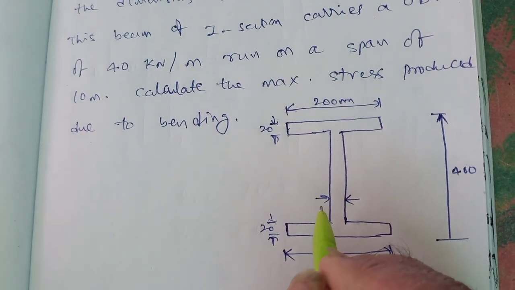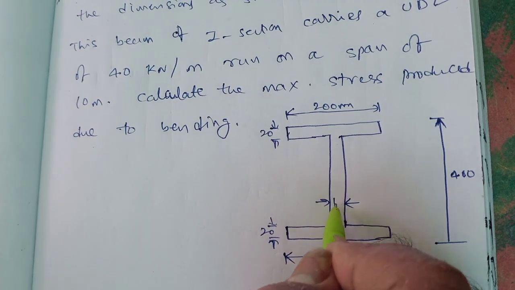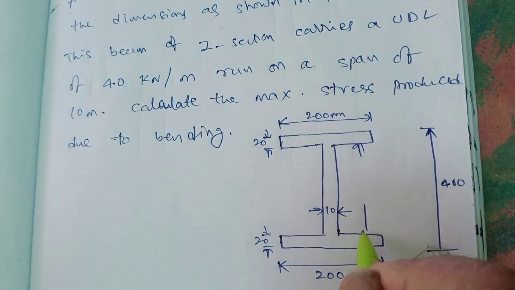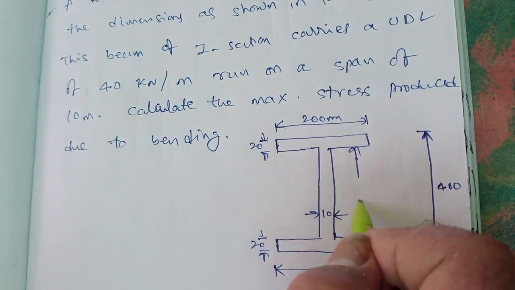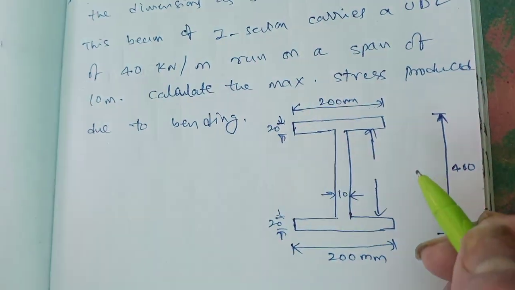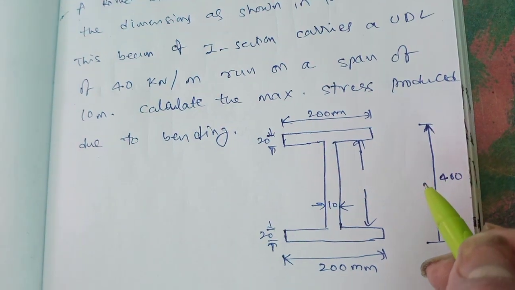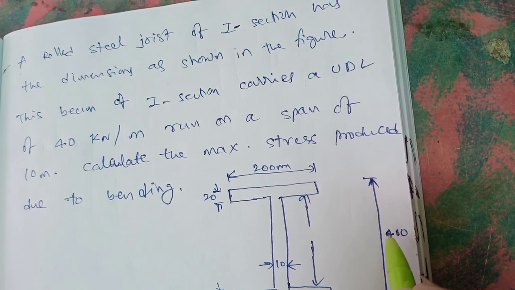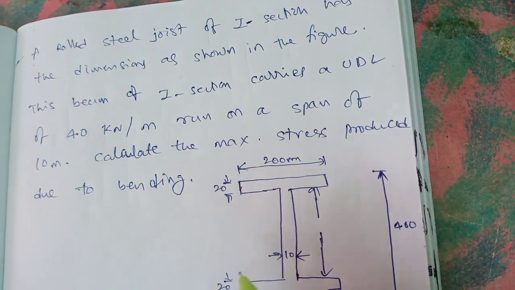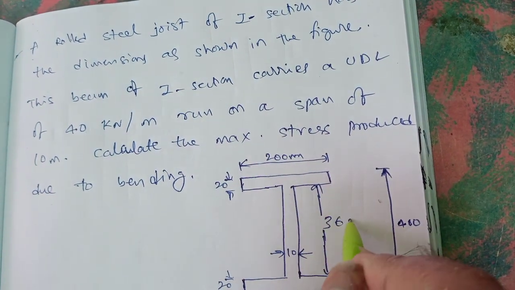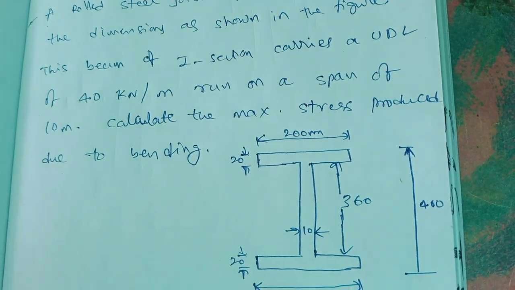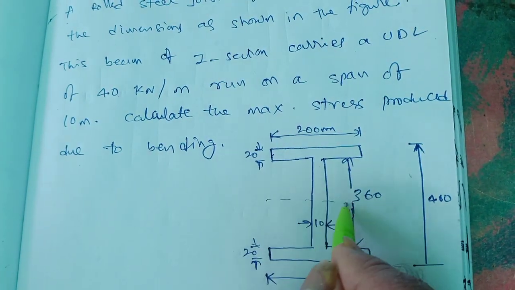Width of the web is 10 mm, and the height of the web we can also find separately: 400 minus 2 into 20, that is 360 mm. So this is the diagram given.